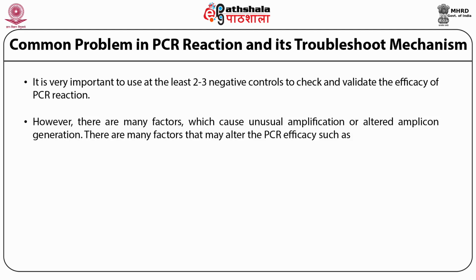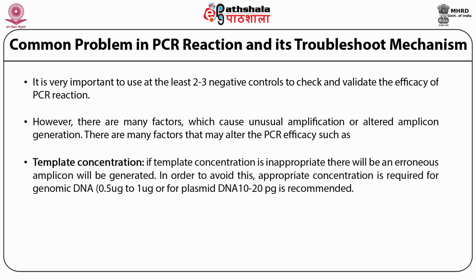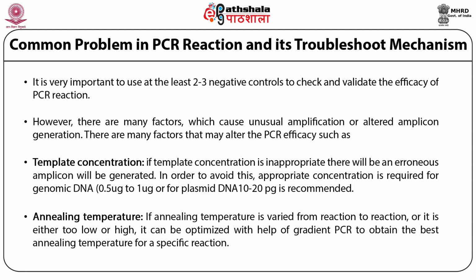However, there are many more factors which are important for unusual amplification or altered amplicon generation, such as the template concentration. If template concentration is not in an appropriate range, there will be an erroneous amplification and the resultant amplicon is really not properly visible. Annealing temperature.